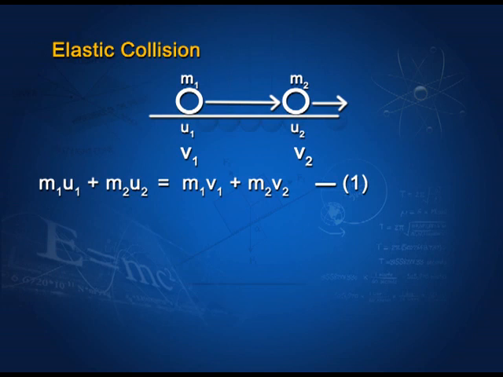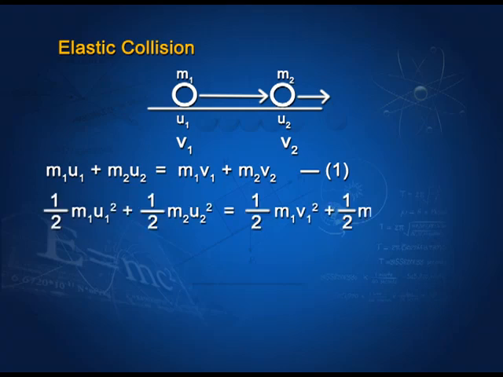This, let us say, we call our equation 1. Likewise, because it is elastic collision that we are considering, we could write an equation for the total kinetic energy before collision, which would be given by the sum of these two, and this would be equal to the total kinetic energy after collision, and say this is our equation 2.